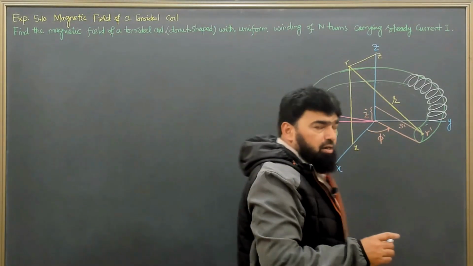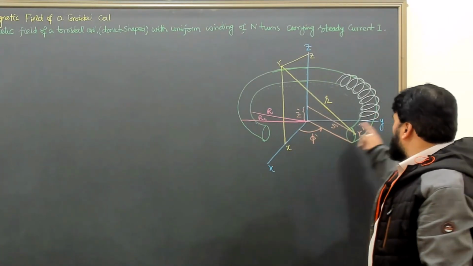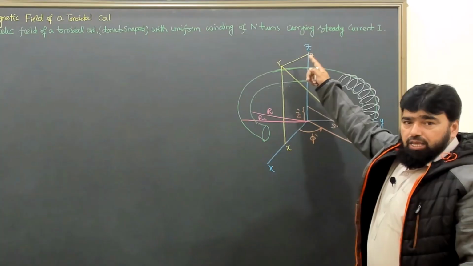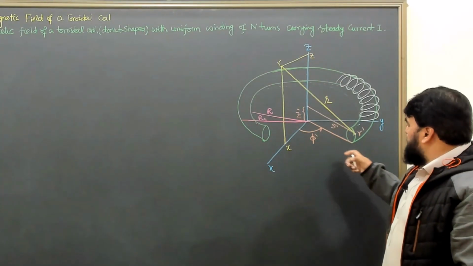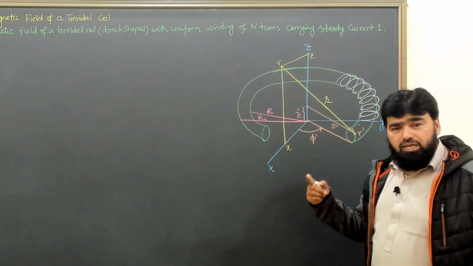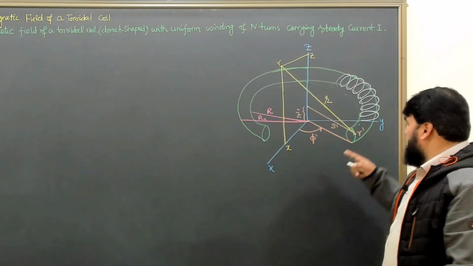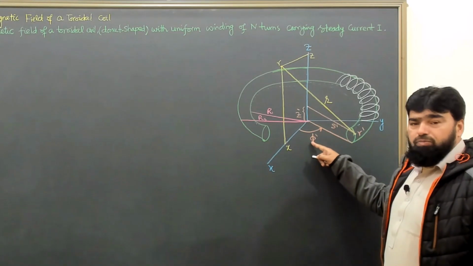So in this toroid example we have the XYZ coordinates, and when we consider the source coordinates, they are in cylindrical coordinate form, and we have S prime, phi prime, and Z prime.